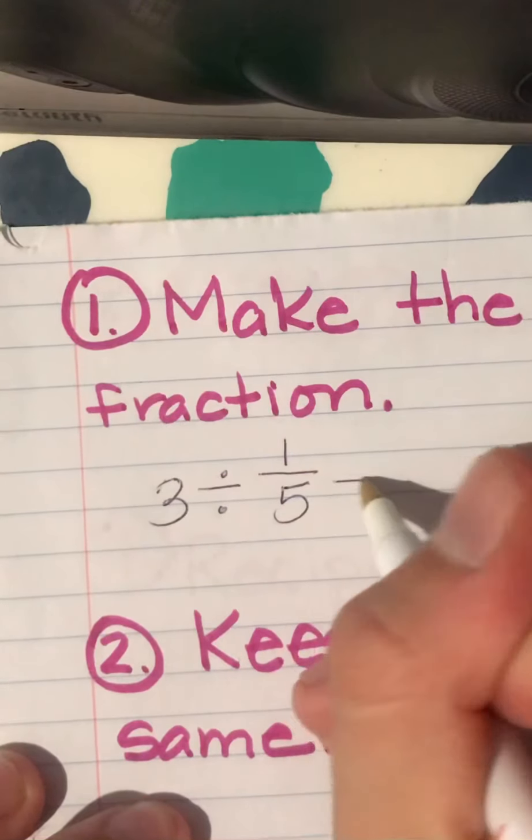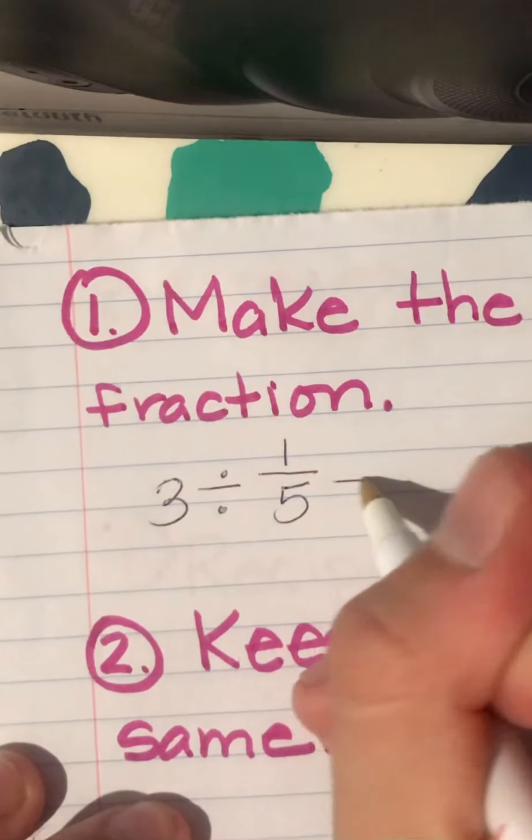Step 3. Step 3 is now a different step, which will move on to step 4, which is a new concept you're going to have to learn for 6th grade. So step 3 is to change the division sign into a multiplication sign.